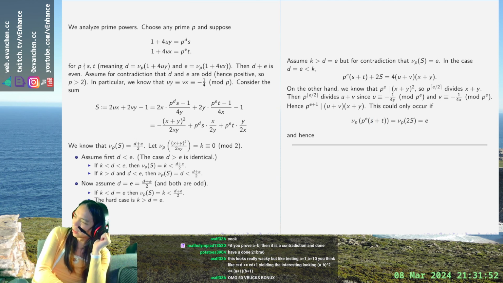Okay, because I have these two equations, right? Like that, no, that's not quite good enough. No, it should be actually.